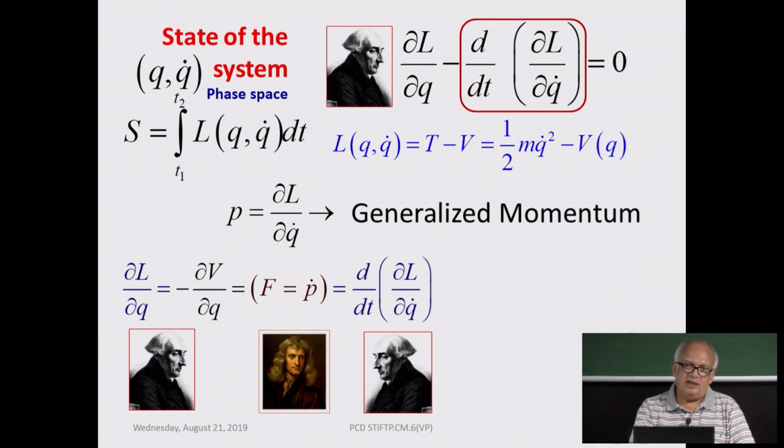Is it Newtonian mechanics which is more fundamental, or Lagrangian mechanics? These are completely independent and completely equivalent formulations of mechanics. We often are happy to see that this gives you the Newton's form, but only because we have studied the Newton's equation a little bit ahead of Lagrangian mechanics.